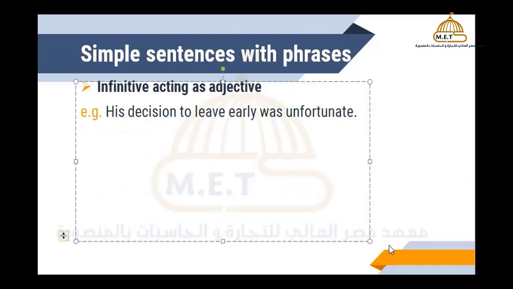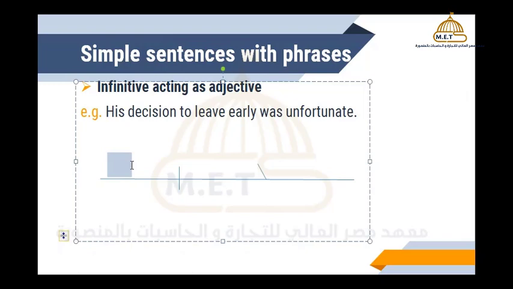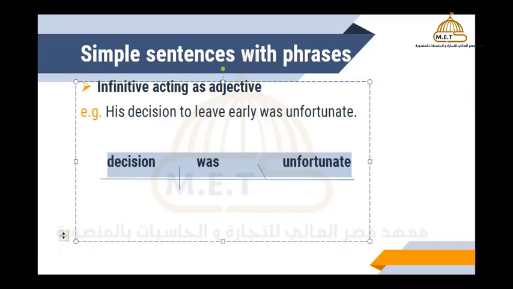The second example is infinitive acting as adjective. His decision to leave early was unfortunate. Decision is the subject, was is the verb, and we have unfortunate.